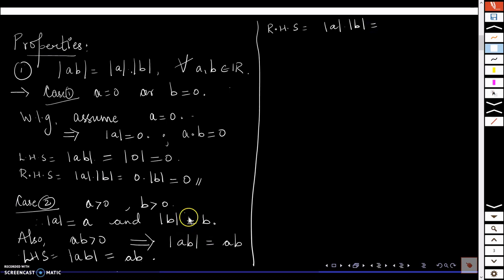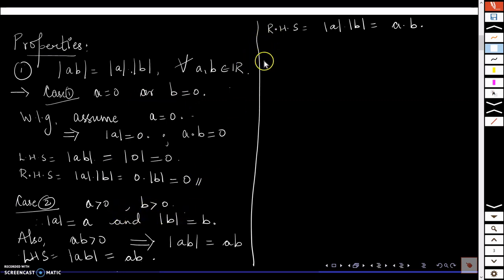But from here, because a and b both are positive, mod a is a and mod b is b. So this is also nothing but ab. So left hand side is equal to right hand side even in the second case, when both are positive. Fine. So the first case was wherein at least one of them is 0. Second case is when both are positive.